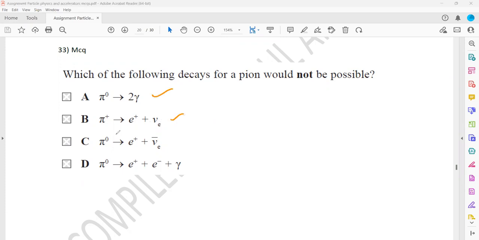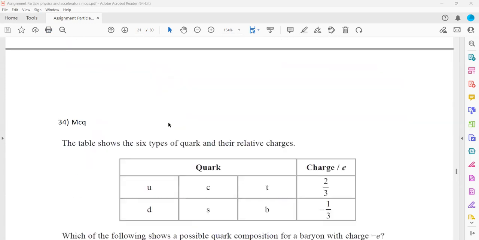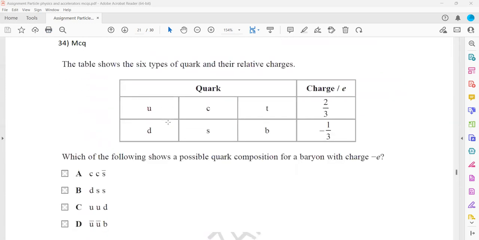Here charge is also conserved, but in this one charge is not conserved: neutral particle, positive, and this is neutral. So charge is not conserved. That's why C is the right answer. Whenever we check, we start with the conservation of charge, then baryon number, then lepton number, and at the last, if there is a strange particle, we check the strangeness.